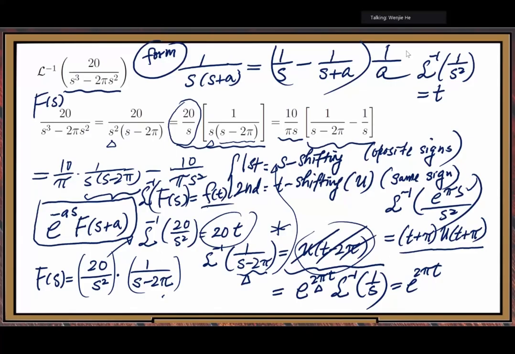I didn't ask you to write out the inverse Laplace transform. I just ask if you can find it by these two shifting theorems. One of the questions in part A.